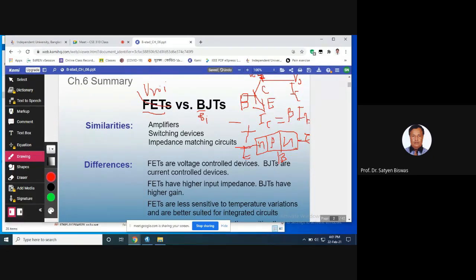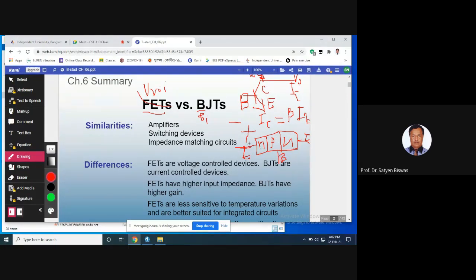So how does it go? First it goes through the N region, which means electrons are flowing here. Then it goes to the P area, and inside the P the carrier is hole, and again it goes through the N area, where the carrier is electron.